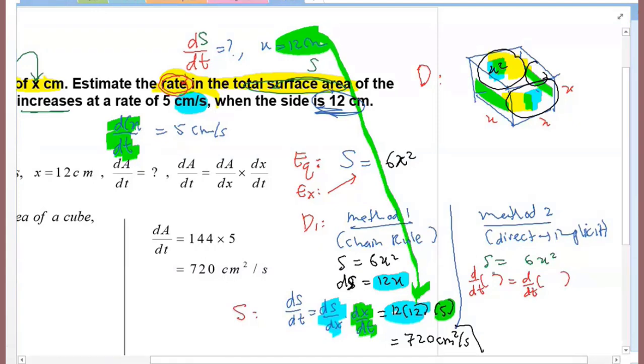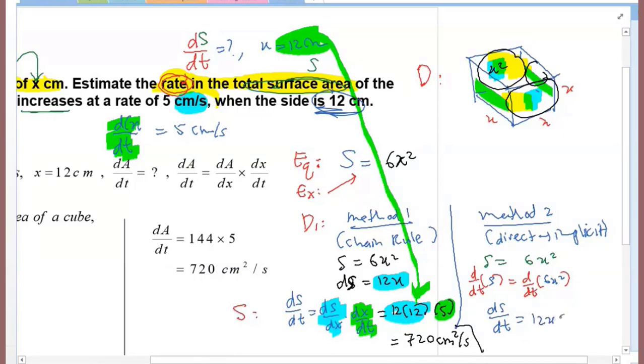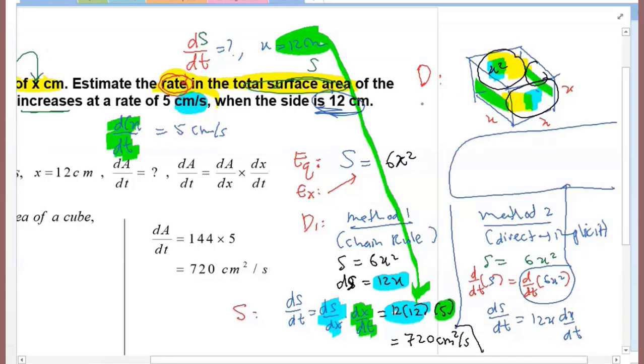Six is a constant. Direct gives 12x and dx/dt, same like implicit. Use the chain rule here too, right.